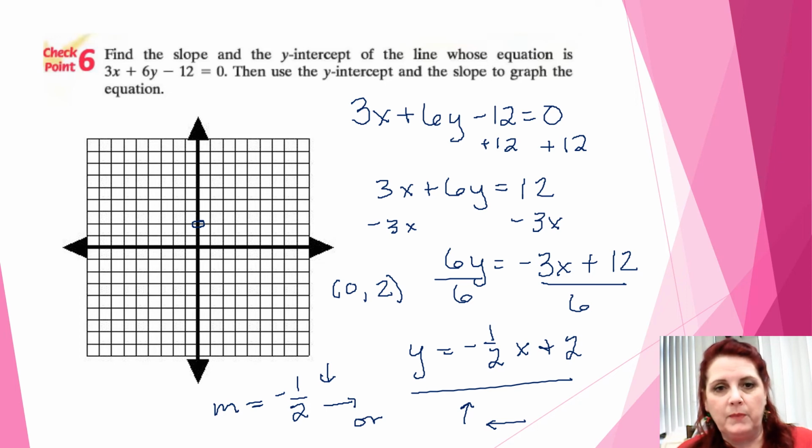So up 1 and back 2, because we want to have a negative slope, it'll be here, or if you go down 1 and then over 2. So these are going to be the points that I want to use for my slope. Remember, you really only need 2, but I'm giving these to you because my line is going to probably be a little wonky. Anyway, something like that. And that's your line.